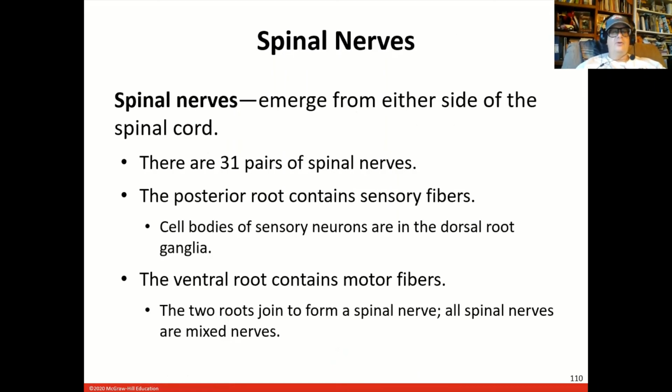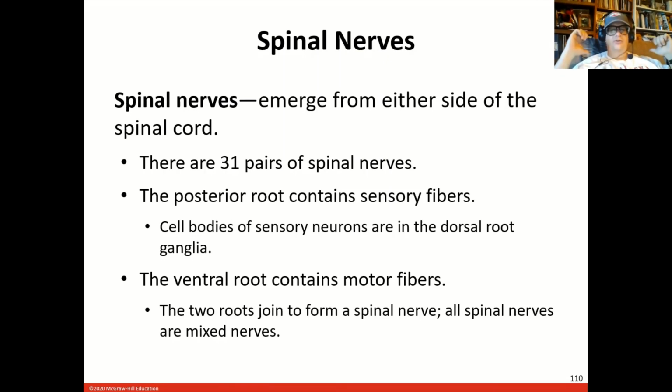So the spinal nerves come out of the spinal cord, and the cranial nerves come out of the brain. Pretend to be shocked by that. There are 31 different spinal nerves. Remember, they come out of the intervertebral foramina, the little spaces between the processes on the vertebrae. The posterior root, I hate that term. I'm going to be calling it the dorsal root forever.